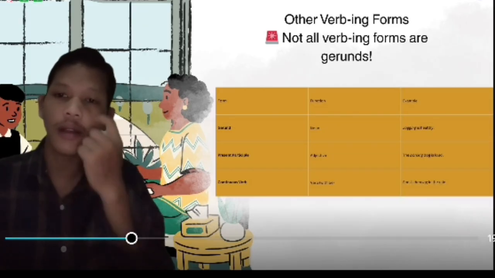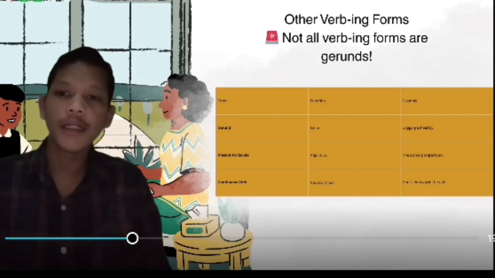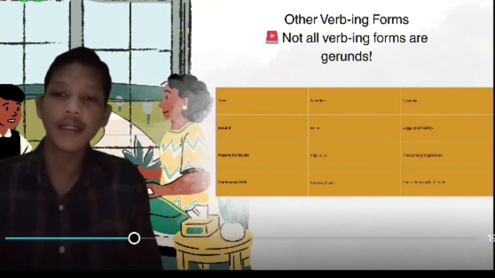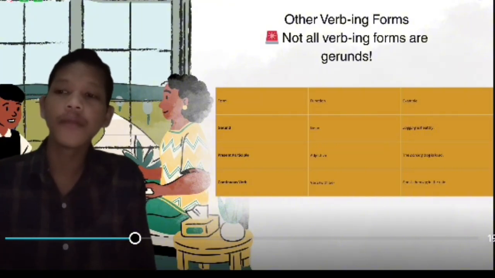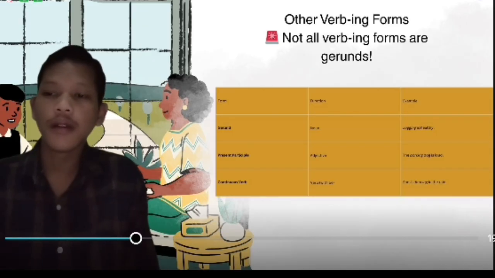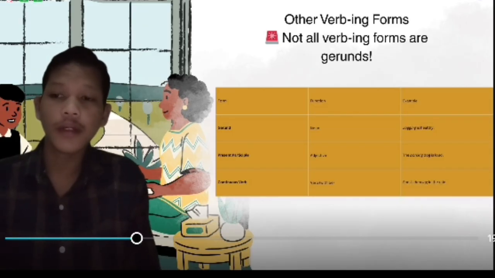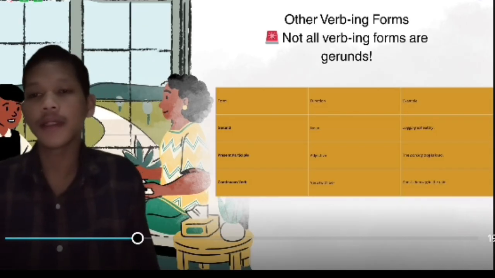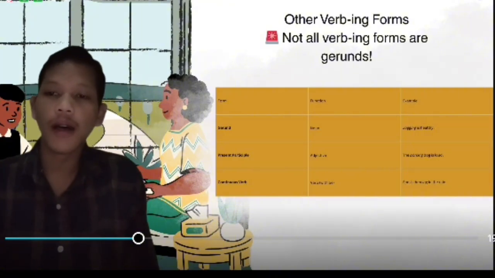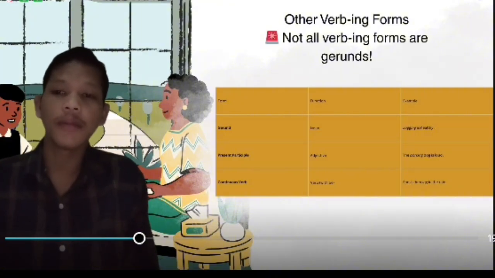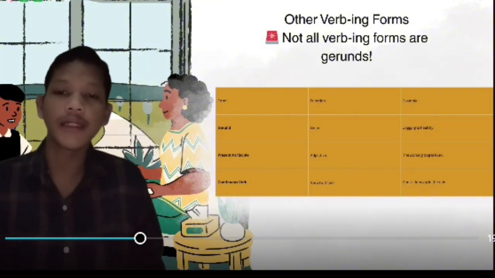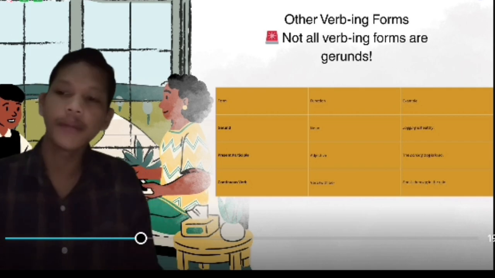It means that she is dancing at this time. Jadi meskipun bentuknya sama, verb plus ing, tetapi fungsinya bisa berbeda. That's what makes this lesson very important.